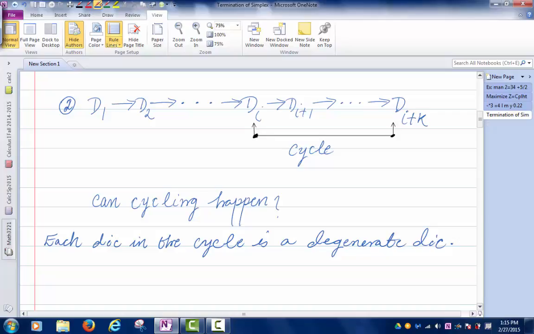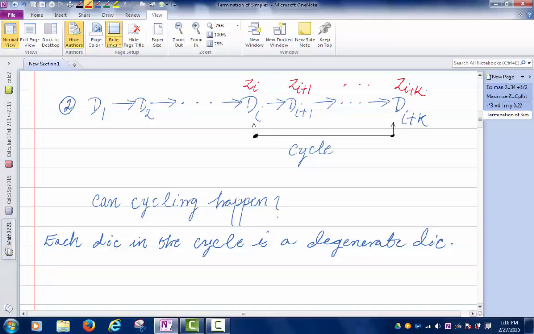I am going to make some notation here. I'm going to say Zi is the value of the objective function obtained from dictionary Di. Zi plus 1 is the value of the objective function corresponding to the dictionary Di plus 1, and Zi plus k is the value of the objective function corresponding to the dictionary Di plus k.